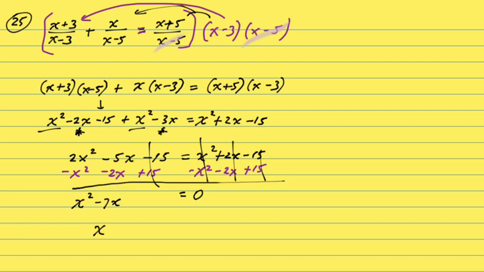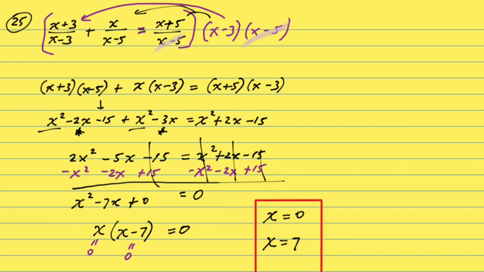Factor out, I could put plus 0. Factor an x out, you get x times x minus 7. What makes this 0 and what makes this 0 will be possible answers. x equals 0 and x equals 7. And it appears they will both work because neither one causes division by 0.